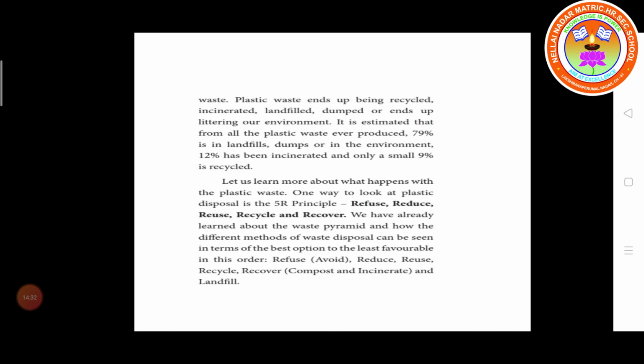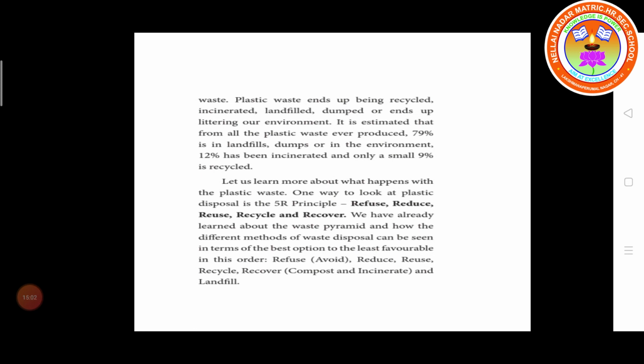It is estimated that of all the plastic waste ever produced, 79% is in landfills, dumps or the environment. 12% has been incinerated, that means burned, and only 9% has been recycled.